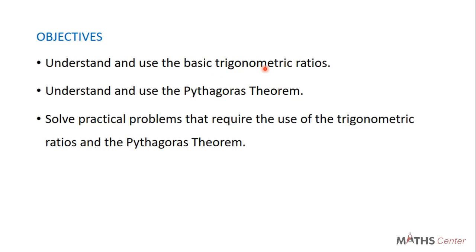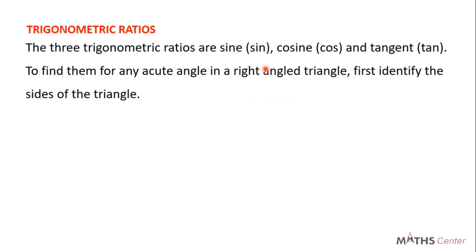We are going to begin with the trigonometric ratios. What are the trigonometric ratios? The three trig ratios are sine, which has the short form sin and is pronounced sine, cosine, which has the short form cos and is pronounced cos, and tangent, which has the short form tan and is pronounced tan.